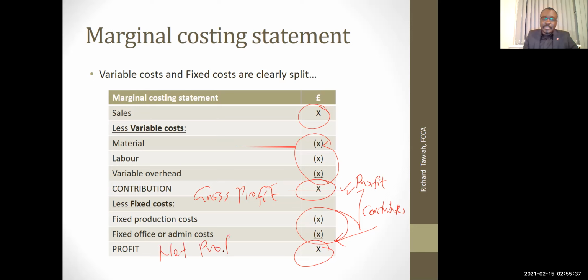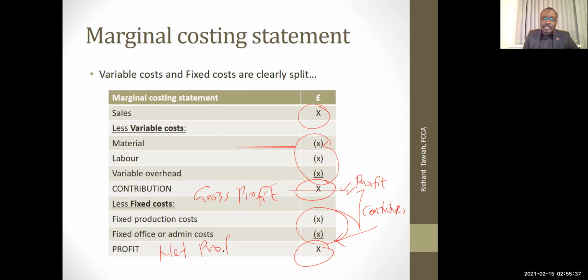Let's compare the absorption costing, which we looked at in the costing techniques, to the marginal costing scenario here. For absorption costing, we need to absorb some indirect production overheads in the unit cost of the product, so fixed costs end up becoming part of the product cost.